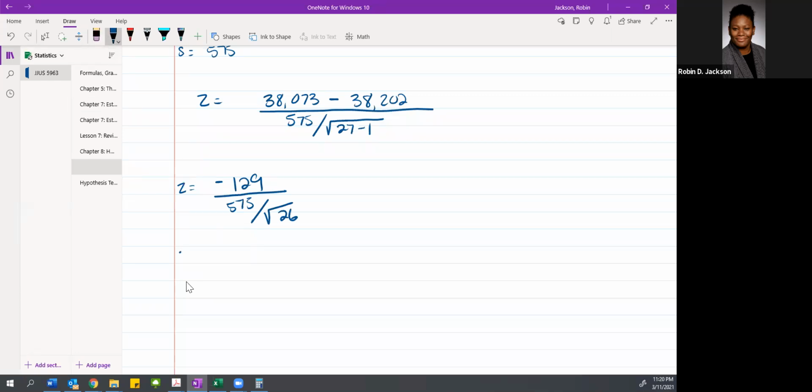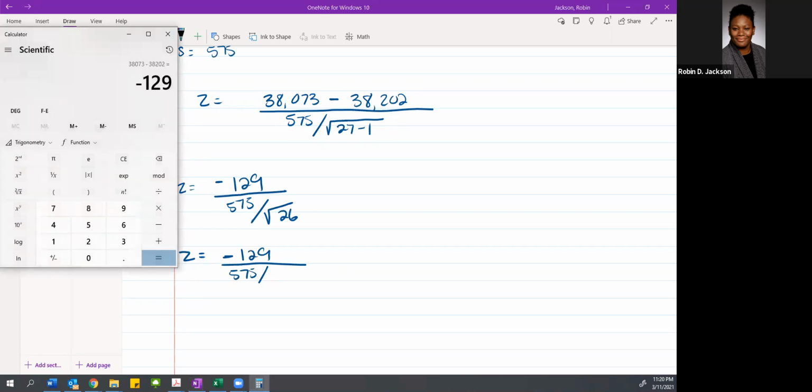So Z is equal to negative 129 divided by 575 divided by this calculation. Let's see what the square root of 26 is. That is going to be 5.0990, and remember, I'm going out 4 decimal places.